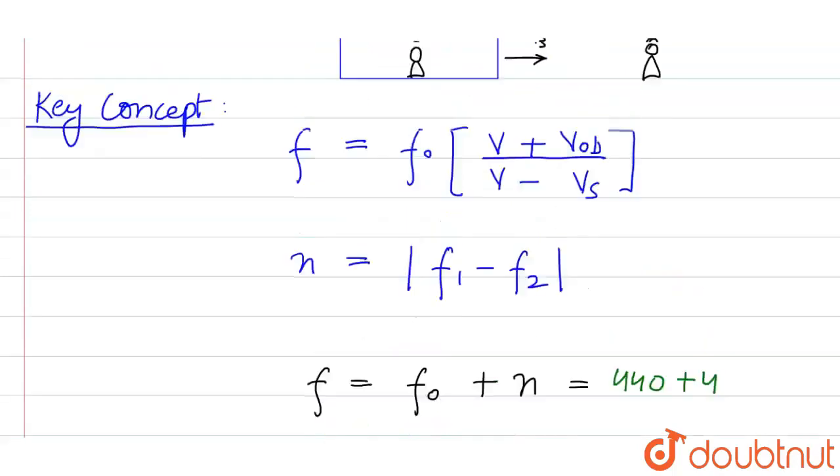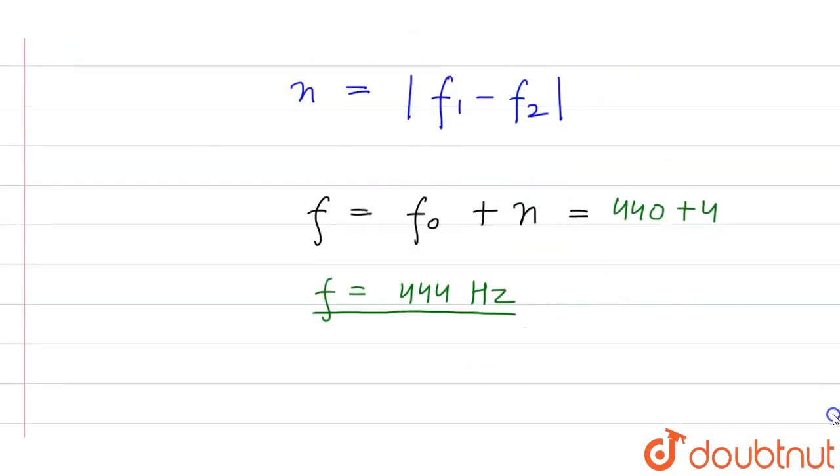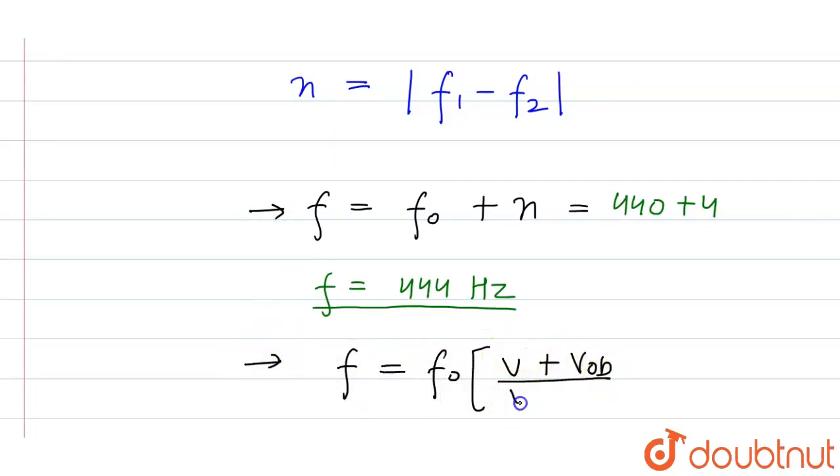Now from Doppler's equation, we can find the velocity of the source. As the observer is stationary, his velocity is 0. We have F equals F naught times V plus V observer divided by V minus V source.